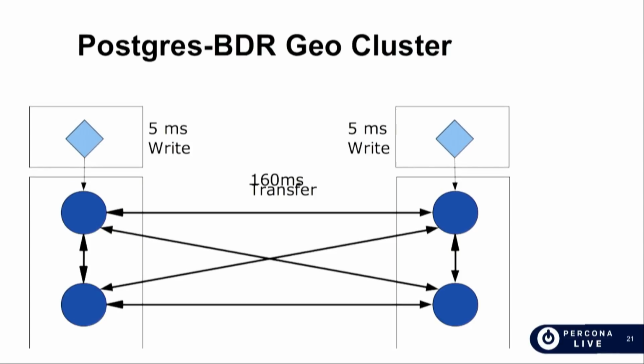But PG logical did more than the things that are in core. So PG logical still exists as a useful, almost essential tool for online upgrades. And BDR now builds upon that by releasing a new version of PG logical with extended features. These things are all branches of the technology as it evolves.